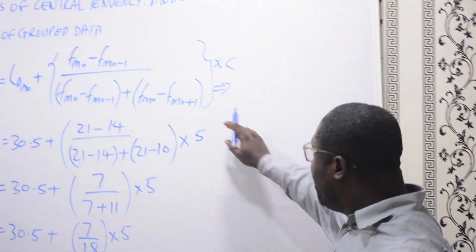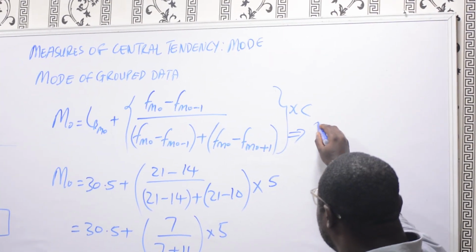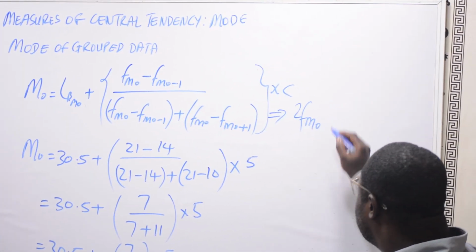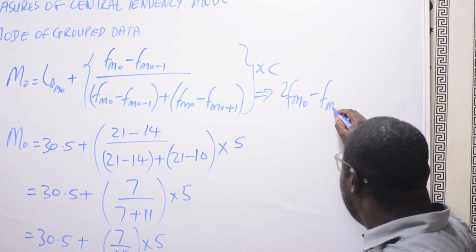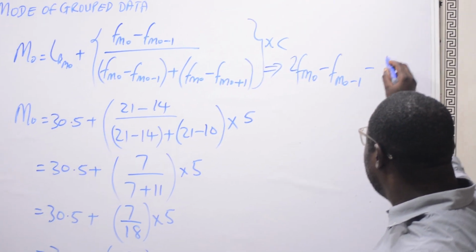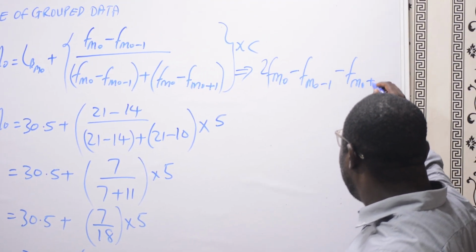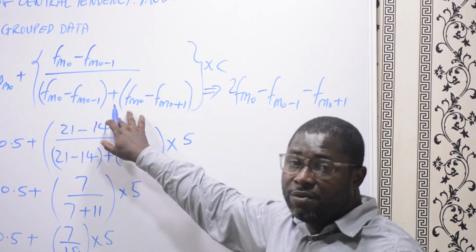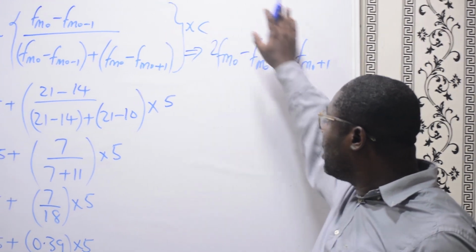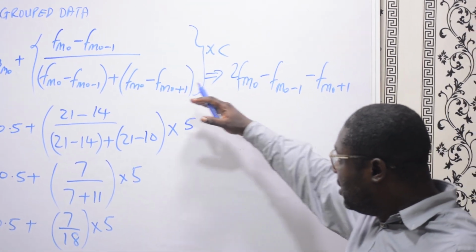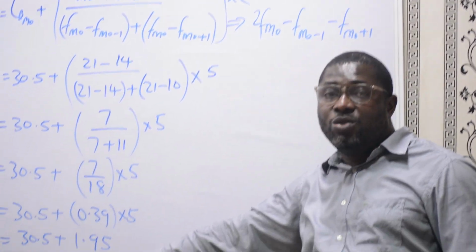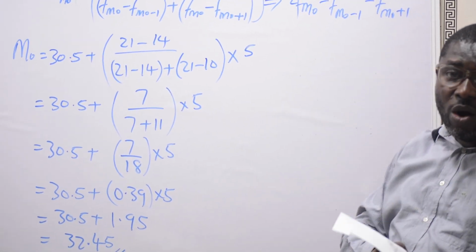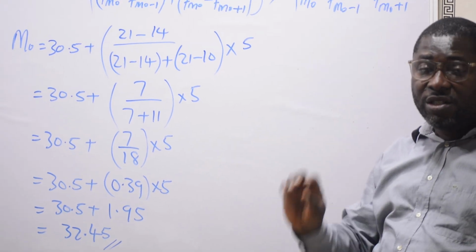This part will be to introduce 2 times the frequency of the modal class, minus the frequency of the class before the modal class, minus the frequency of the class after the modal class. Instead of using this, you use this formula, every other thing remaining the same, and see whether you are going to get 32.45. And I look forward to hearing your answer in the comment section of this video.